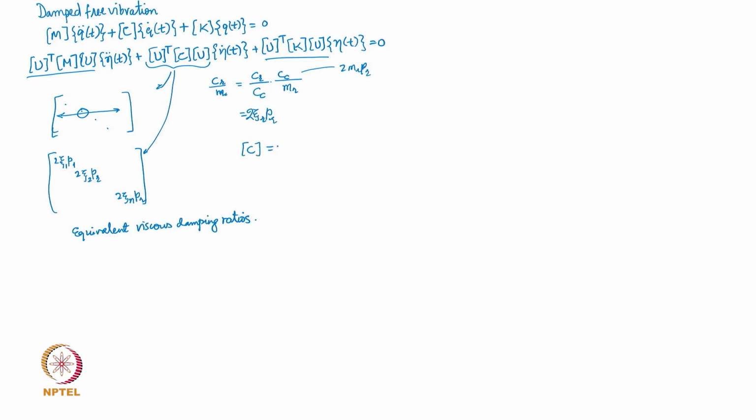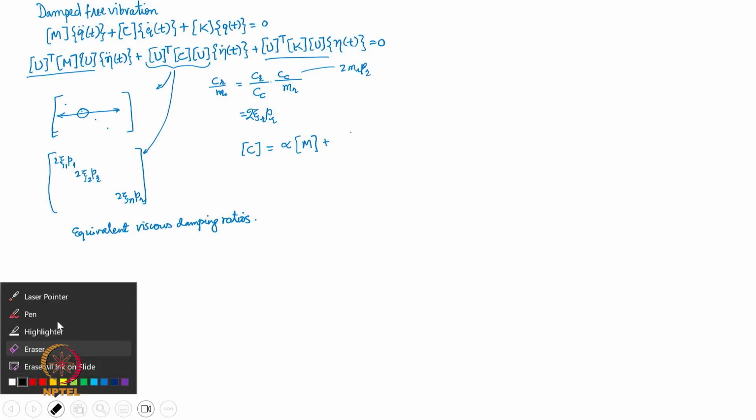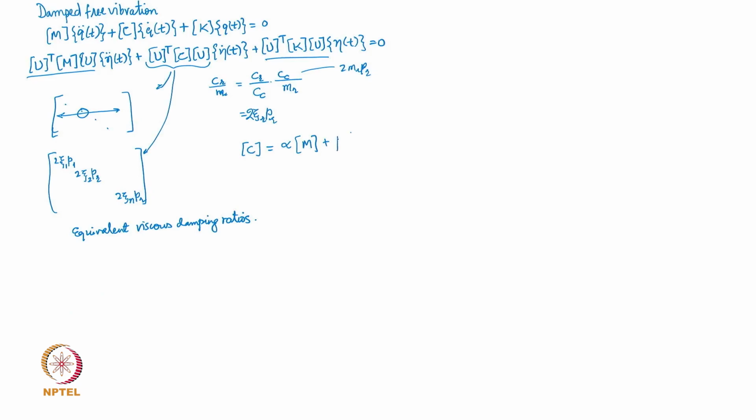The other way to write this damping matrix is to say that it is a linear combination of the mass and stiffness matrix, and that is again more of a mathematical way of getting a decoupled set of equations.